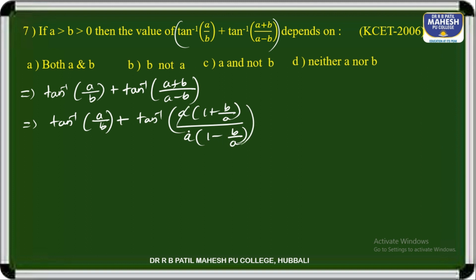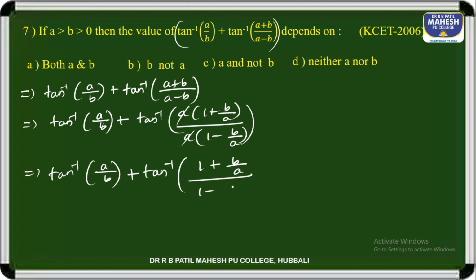Definitely a and a are going to cancel. Then the remaining steps, tan inverse of a by b plus remaining terms I'll write tan inverse of 1 plus b by a upon 1 minus b by a. This is the remaining step, remaining terms from the above step.